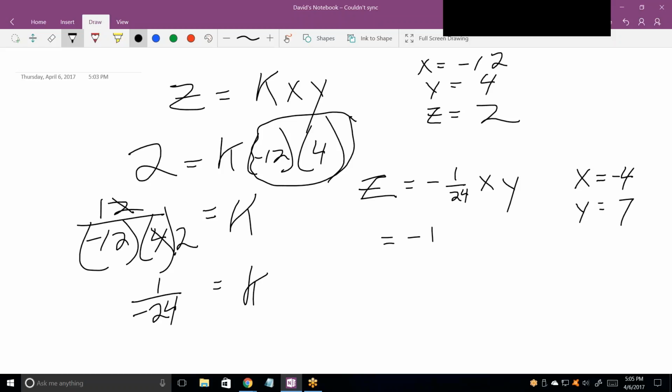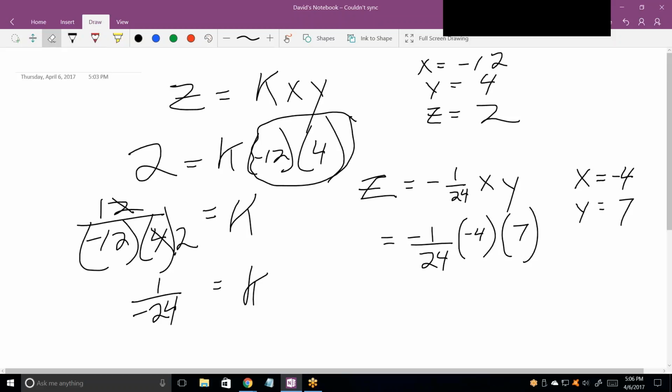So then you would just plug them in, which I'll do here. Now, again, can we simplify that before multiplying it together? Yeah, you can simplify with the negative 4. Well, I can certainly cross off both negative signs, right?